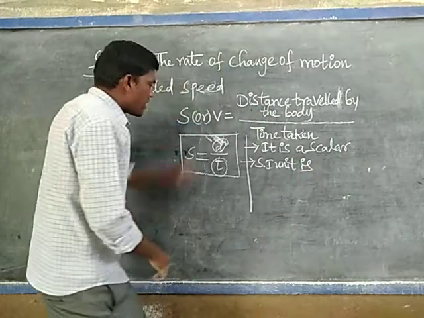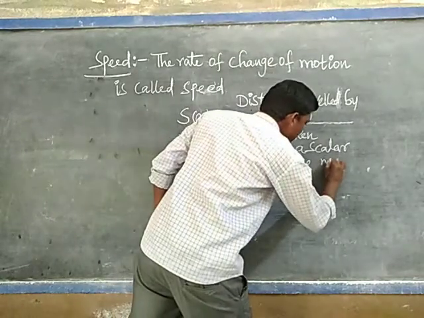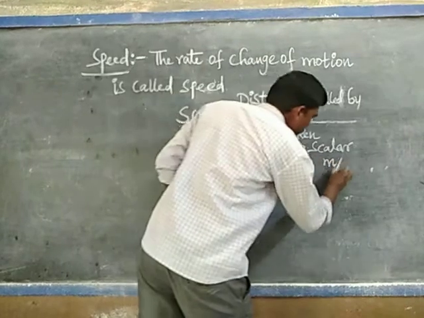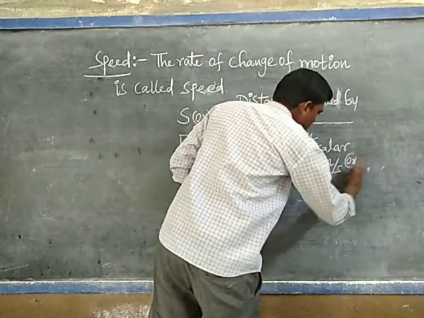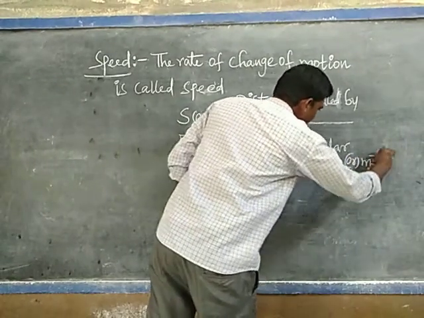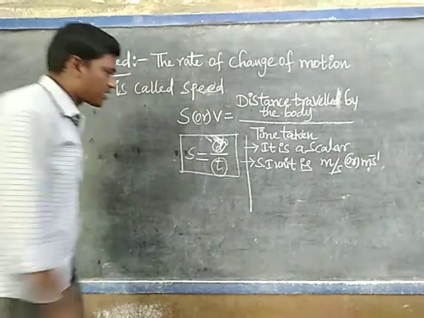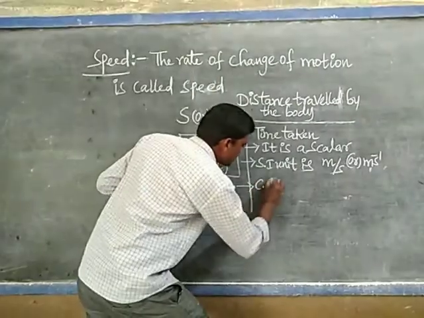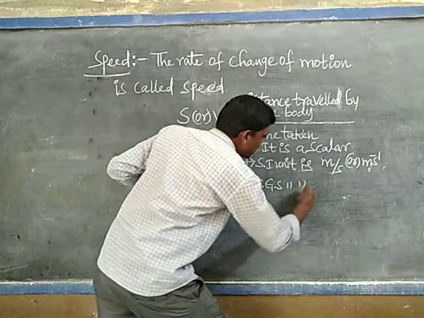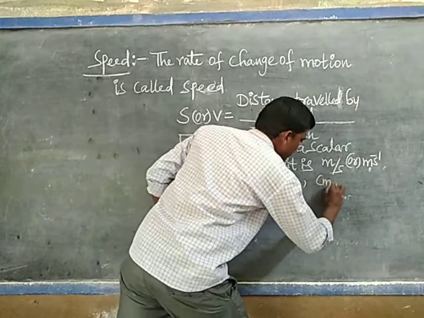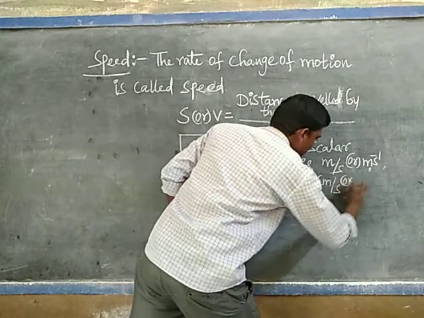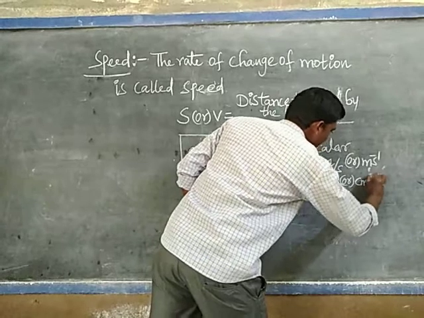What is the SI unit? Distance is measured in meters and time is measured in seconds. That's why the SI unit is meter per second, or meter second power minus 1. And what is the CGS unit? The CGS unit is centimeter per second, or centimeter second power minus 1.